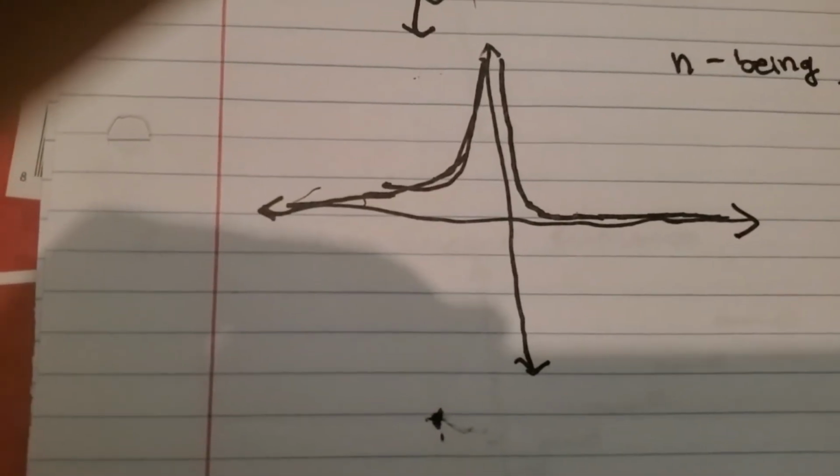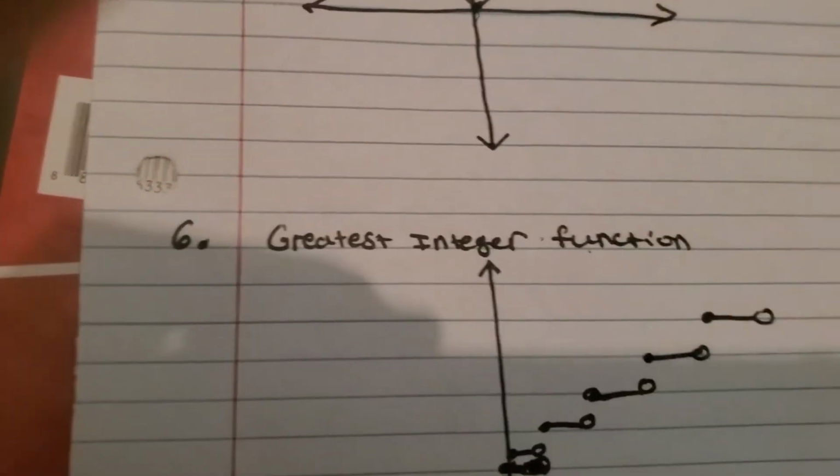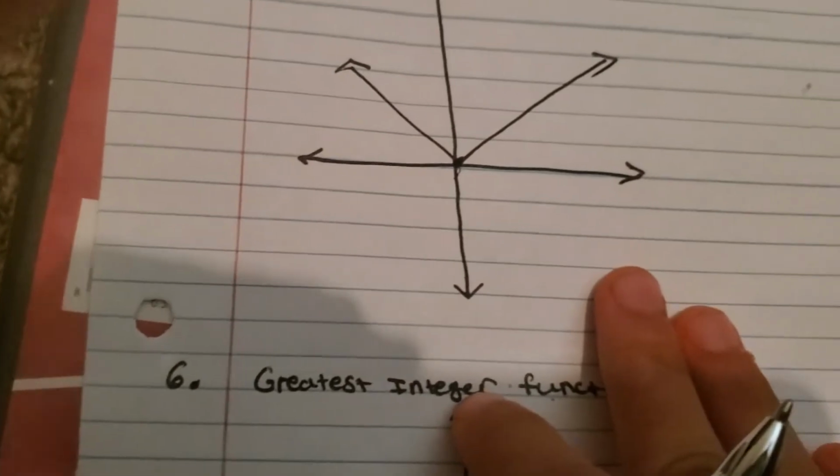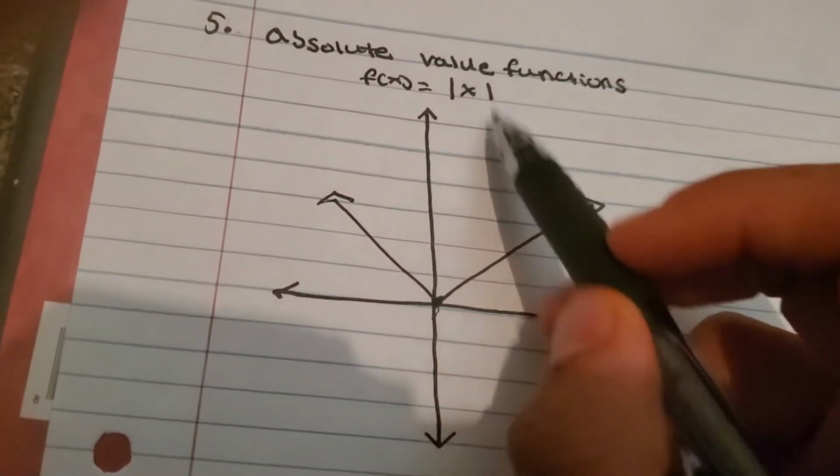And so rational functions are really commonly done. It's actually one of the first ones we do when it comes to mathematics. And then we have a couple common functions that really come up a lot. The absolute value function.